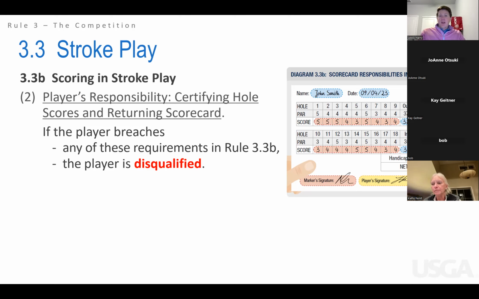We had an example at the Colorado Open last year where a player had 17 scores on their scorecard and hole 18 was missing, and they turned their scorecard in, and it was not caught in time. That player was unfortunately disqualified. In that particular case at the Colorado Open, that player had shot a 62 in that round. So that was a pretty painful disqualification to make for that specific player.